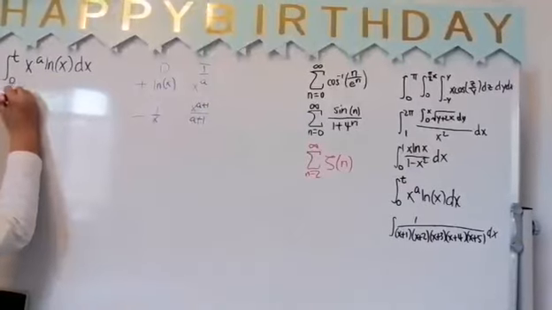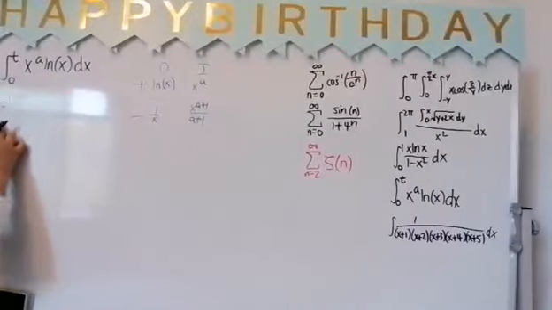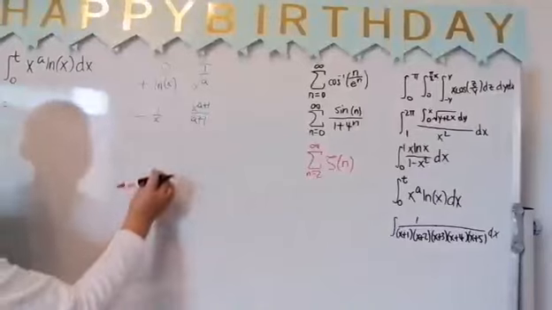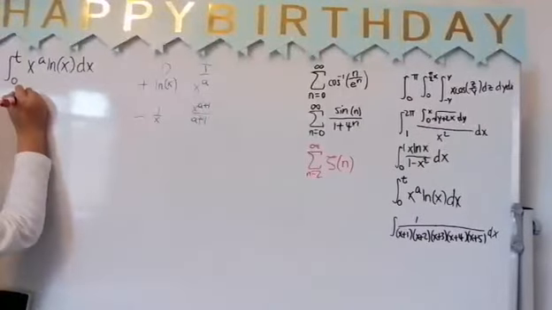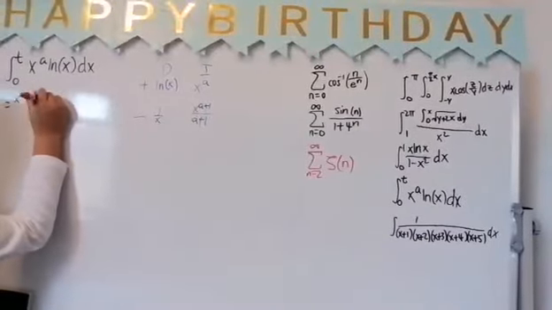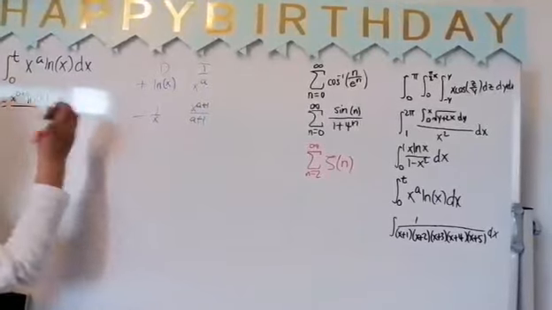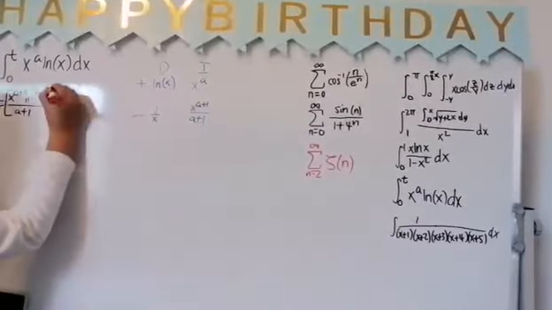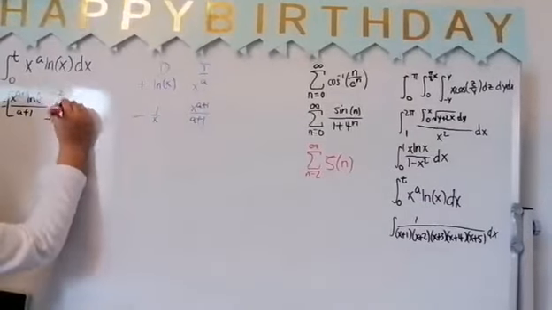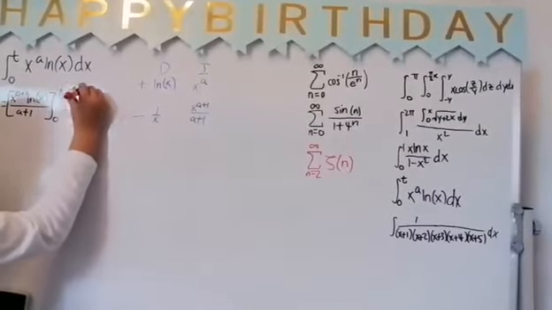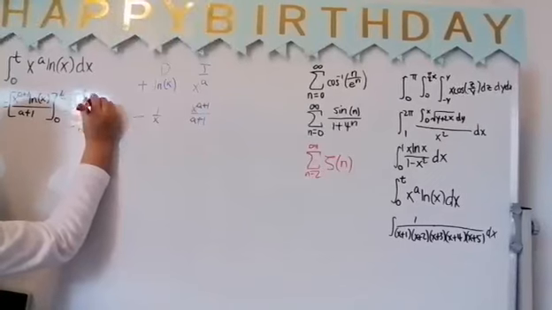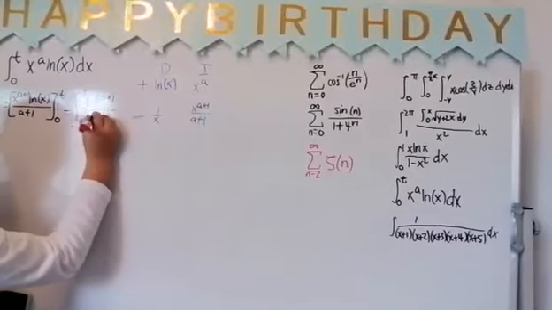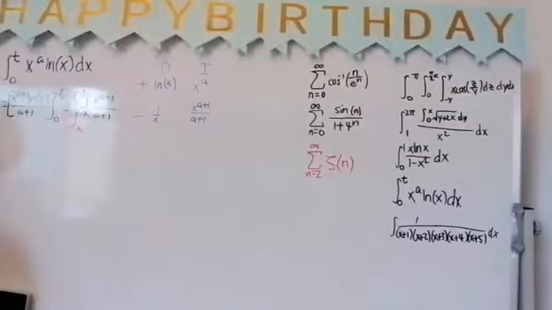So, this equals, it's not the integral going from 0 to t anymore. This is going to be x to the a plus 1 times the natural log of x divided by a plus 1. And then, of course, this entire thing is going from 0 to t, and then you're going to subtract the integral going from 0 to t of 1 over x times x to the a plus 1 over a plus 1.